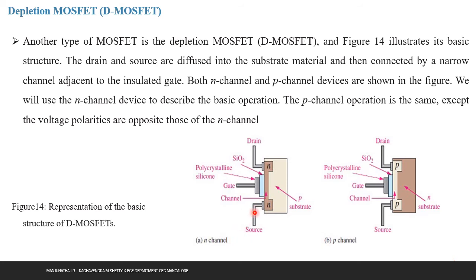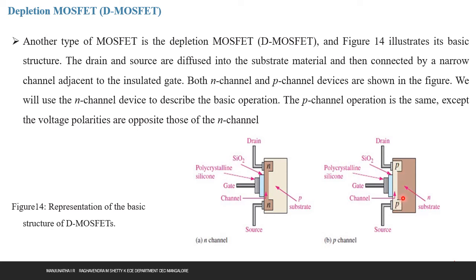For a better understanding of the depletion MOSFET, I will take the example of the N channel only. Coming to the P channel, wherever N is there it will be replaced with P, and wherever P is there it will be replaced with N, vice versa.